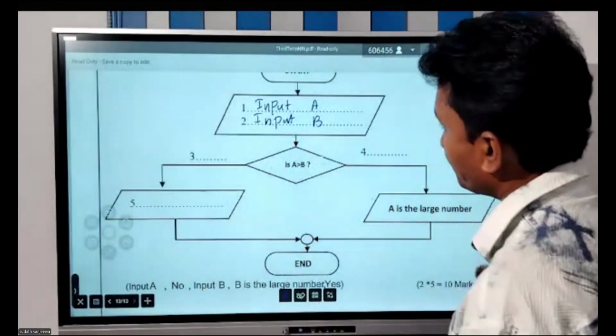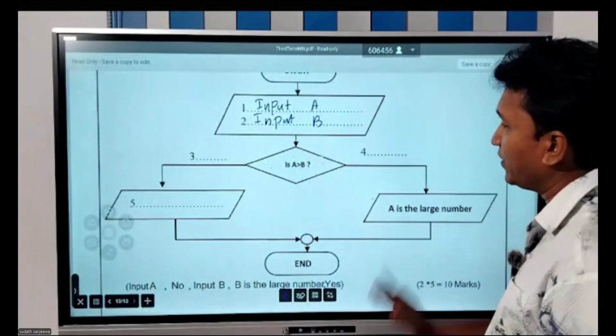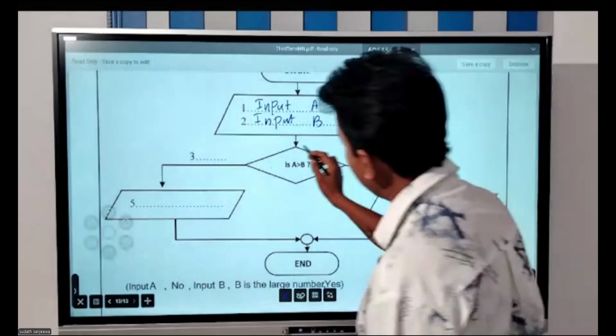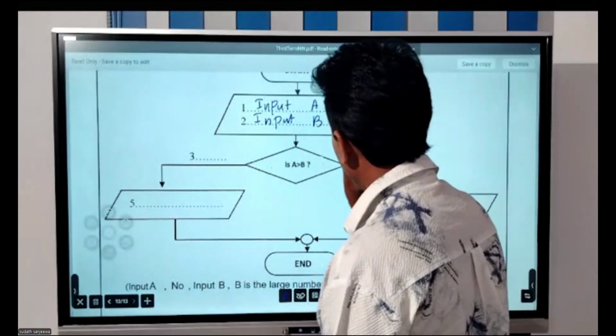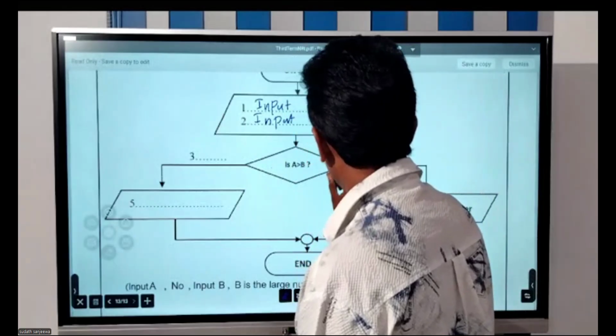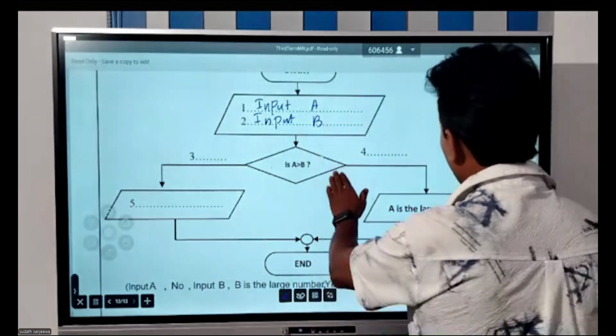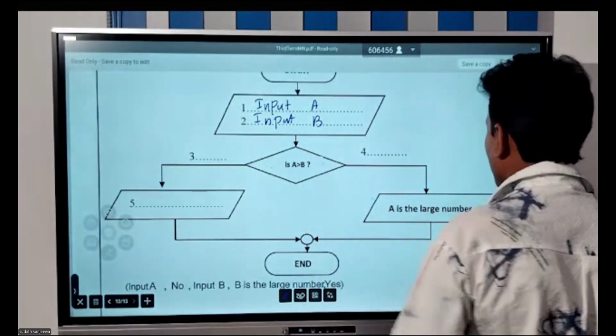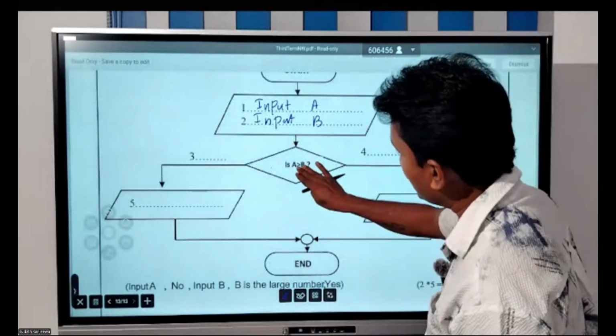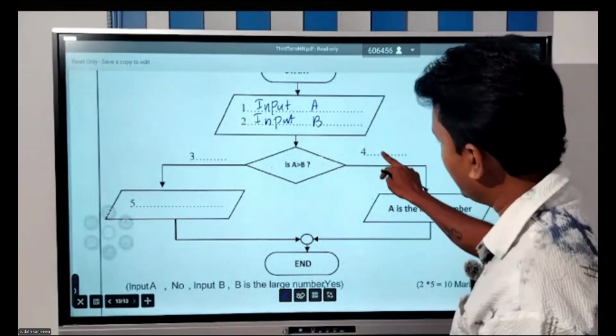Now the condition is A greater than B. Is A greater than B? If this condition is true, A is larger number.